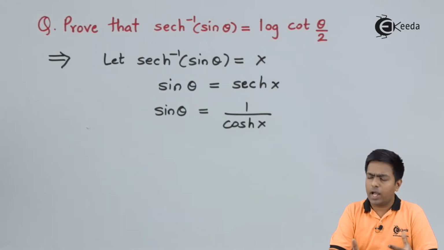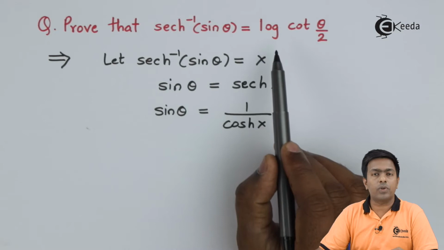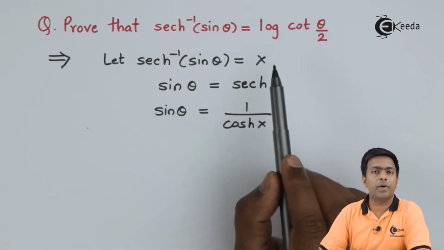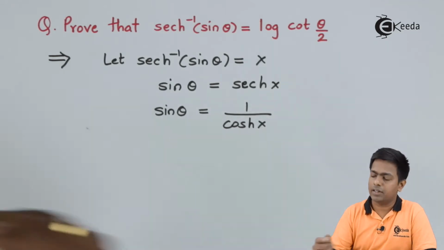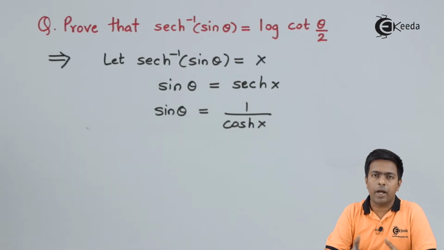Now guys, why are we using this formula? The reason is, here we have to prove that the value of x is log of cot of theta by 2. So by solving this, I should bring the log term over here. I'm just trying to bring that log term over here by using the different formulae of hyperbolic function.